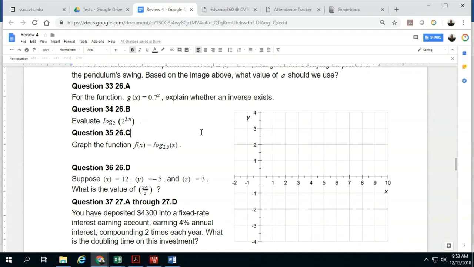Yeah, for number 35, can you make that change? And the same thing for number 36.